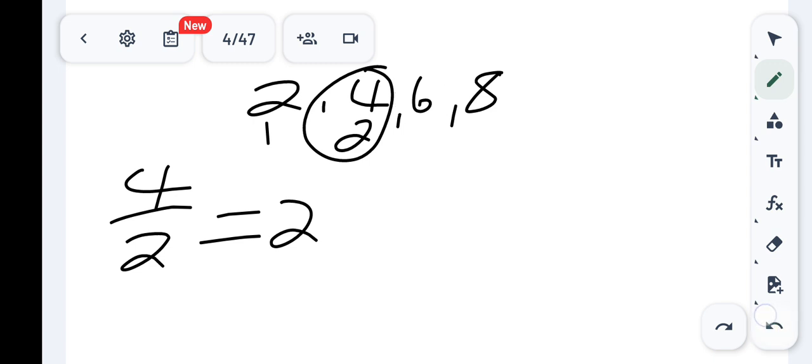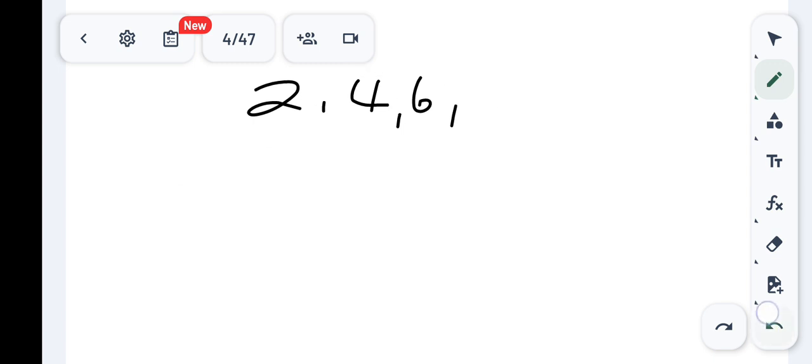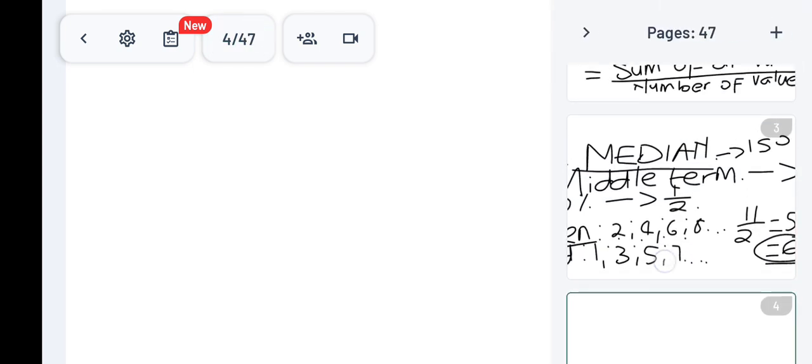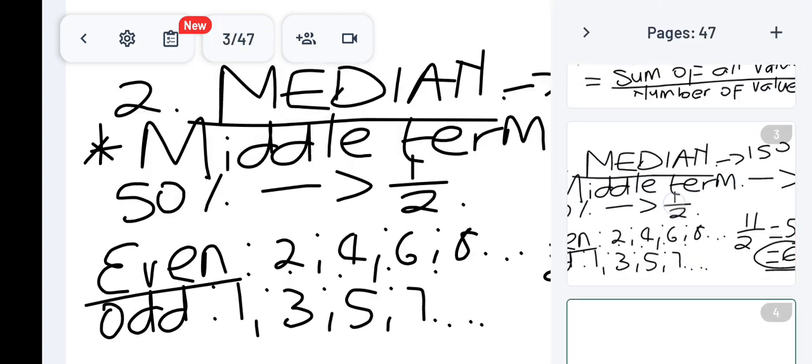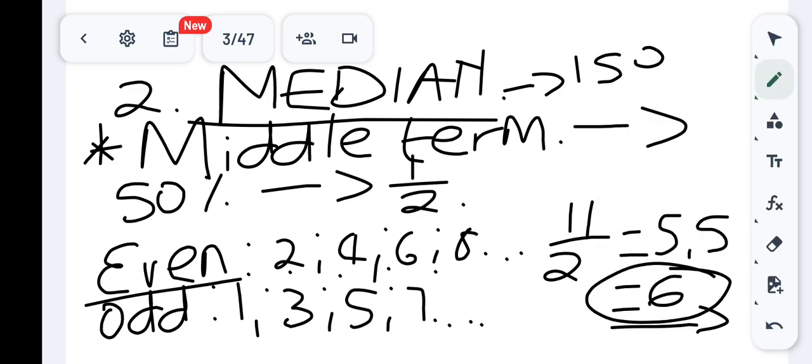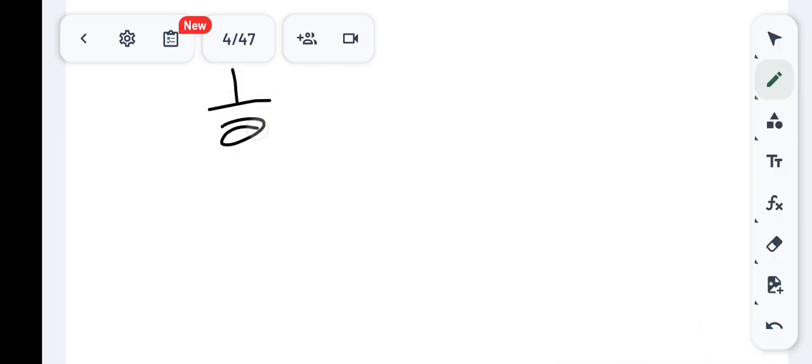So that is the first method that we can use to find the median. The second one, we said the middle term is the term which contains 50%, and that is 1 over 2. So you can use the formula which says 1 over 2 (n plus 1). This is the formula that you can use to try and find the middle term.